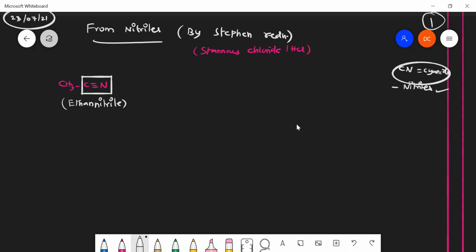H3 bond is there, no, sir? That is directly bonded with the carbon. There's a bond linkage, sir. And two nucleophilic centers are there, sir. Carbon one, this one and this one. Okay.